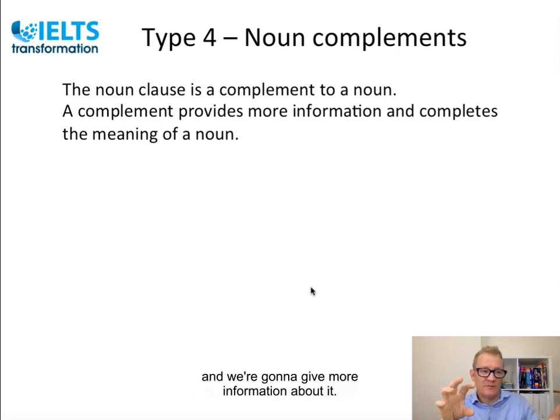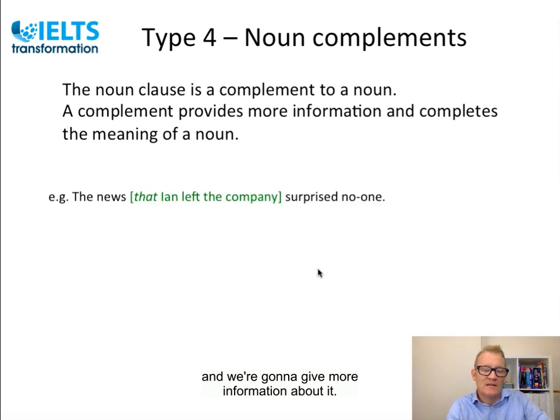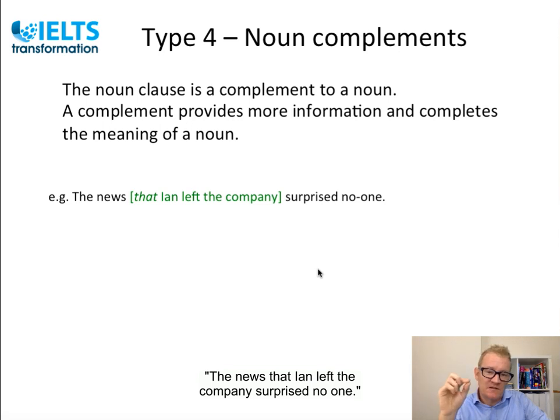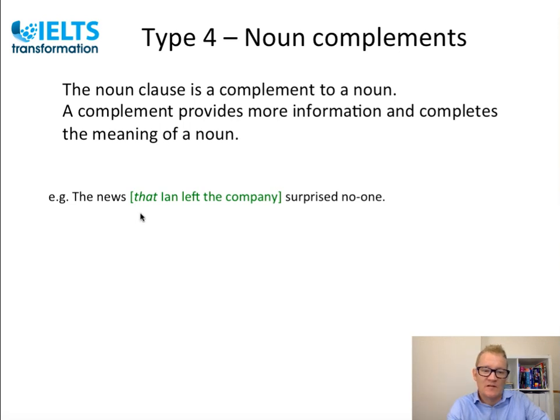So we have a noun and we're going to give more information about it. Okay. Here are some examples. The news that Ian left the company surprised no one. These are the examples we used in the adjective clause presentation. So here, the news surprised no one. The news that Ian left the company surprised no one. More information about the news.